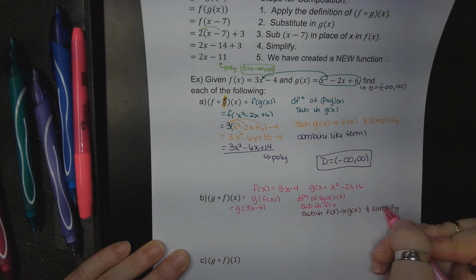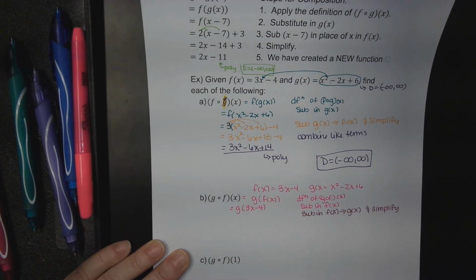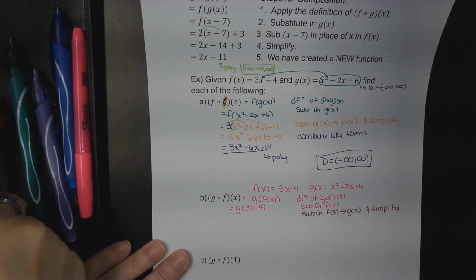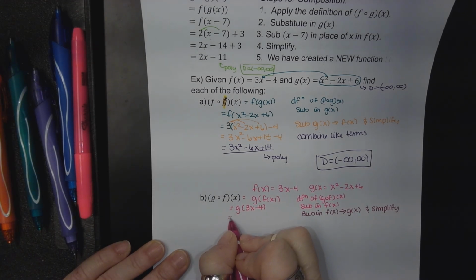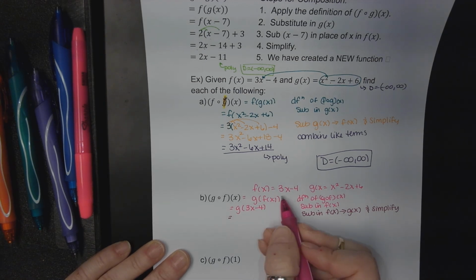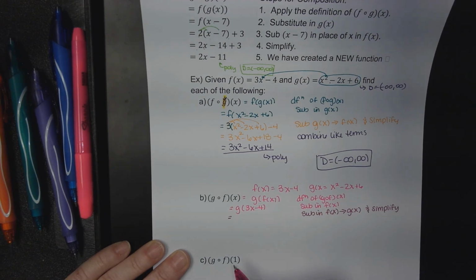I didn't put my parentheses here. So we're going to take f of x and put it into our g of x.